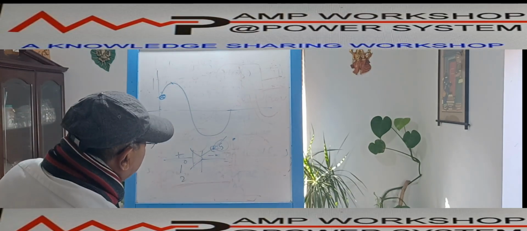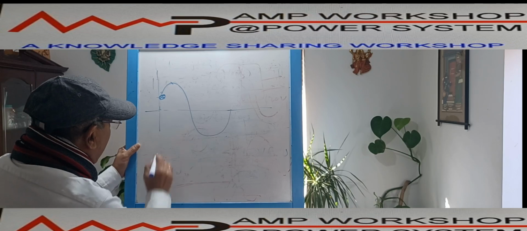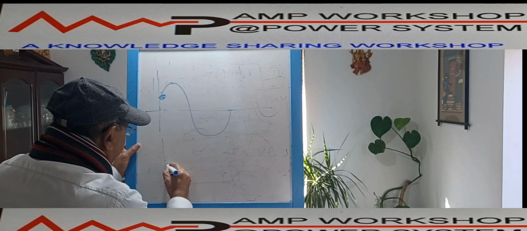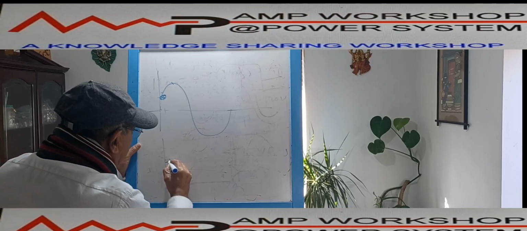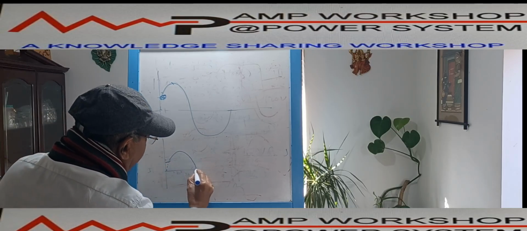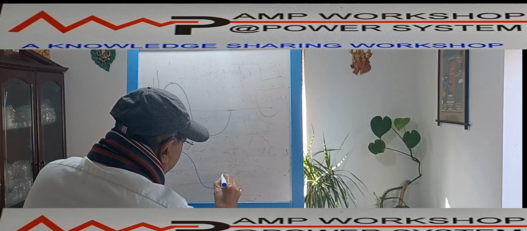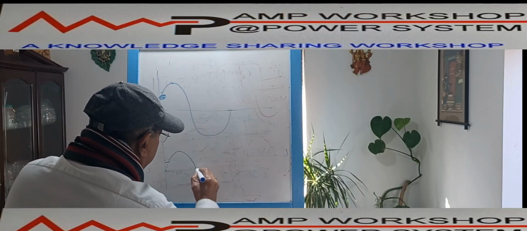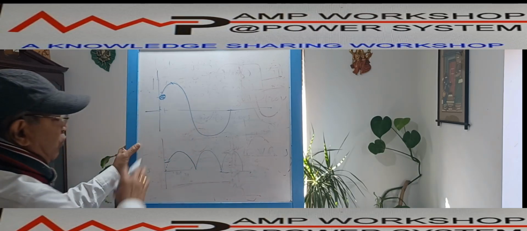If you draw the output, how will it be? Up to this point, no current. The moment it goes to 1 volt, I get the gate triggering, and current flows immediately, up to this point. Then it will continue. If it is a full wave, the second half will also come like this, and I cannot stop it.